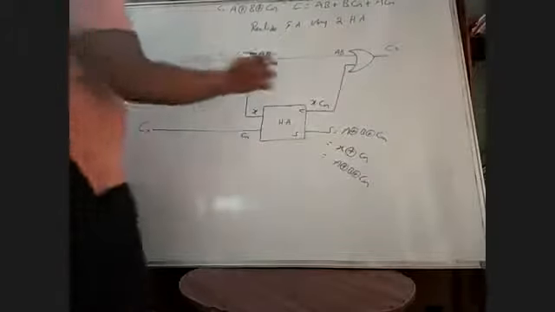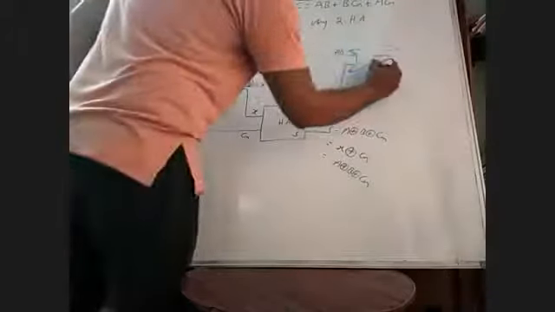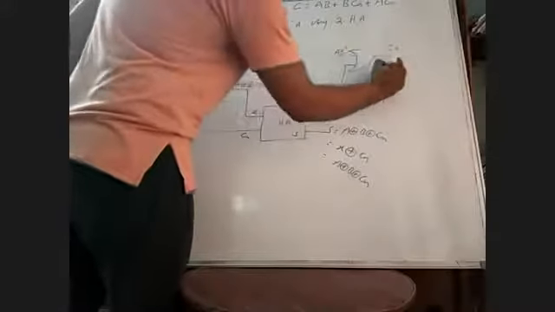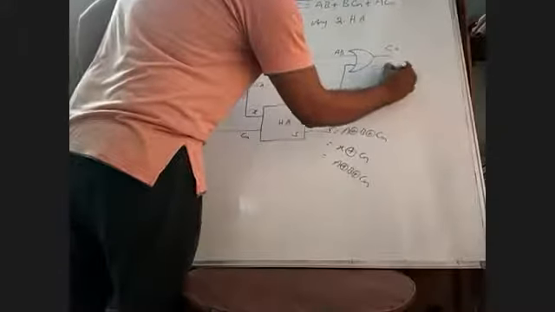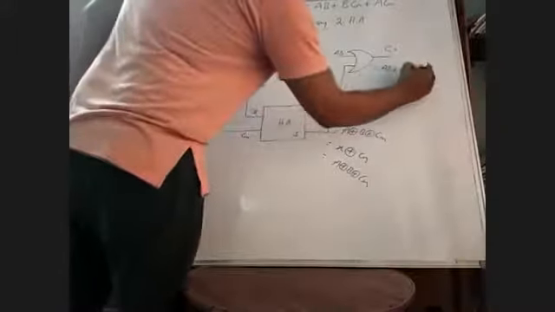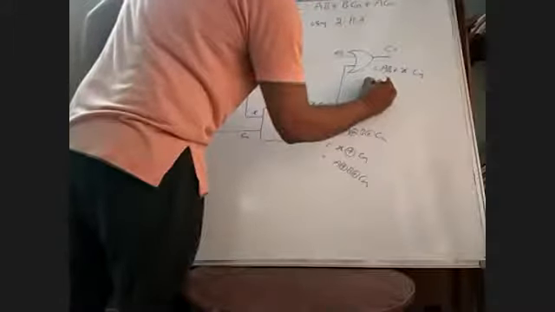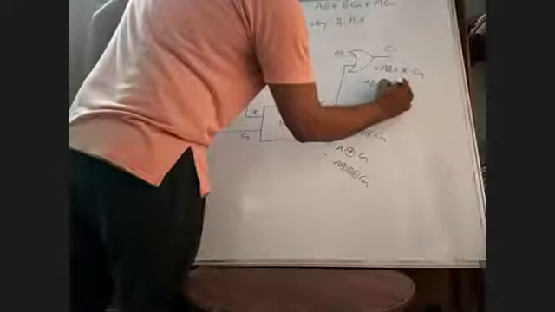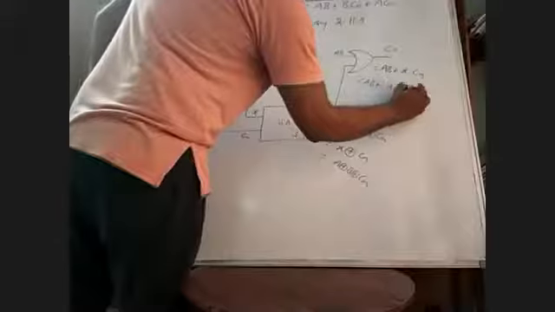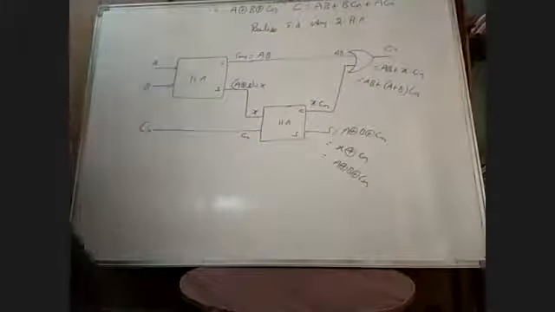Now, we have to verify this one. We have to check the outputs of these two. C equals, at this OR gate, AB plus X into Cin, where X is A exclusive or B, into Cin.